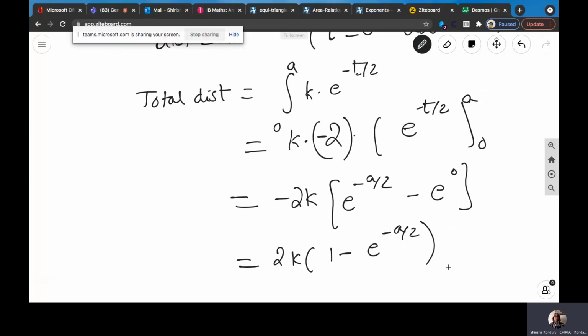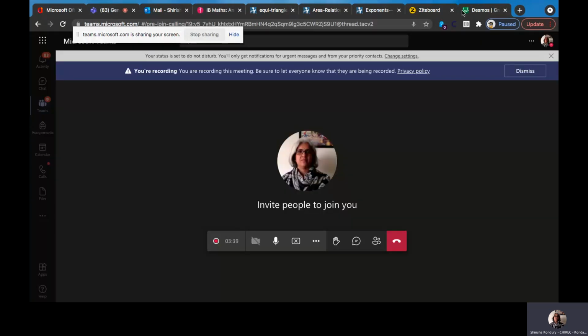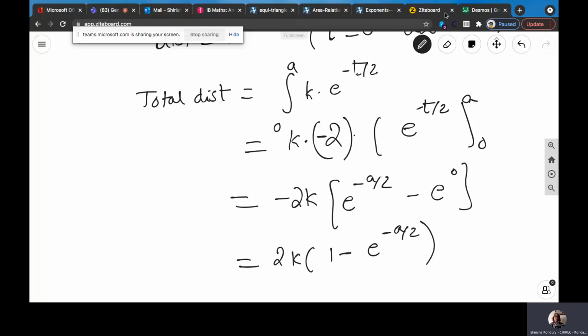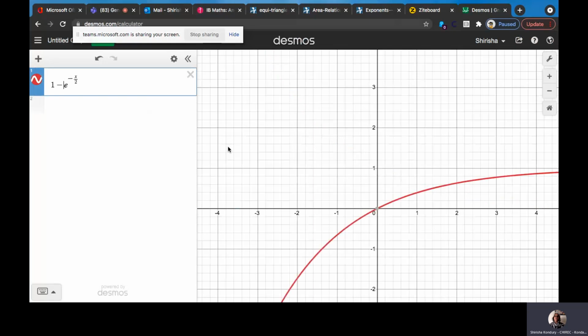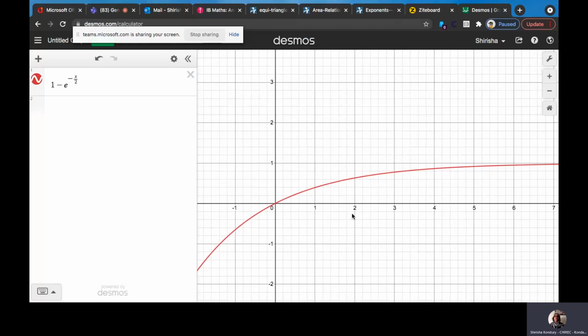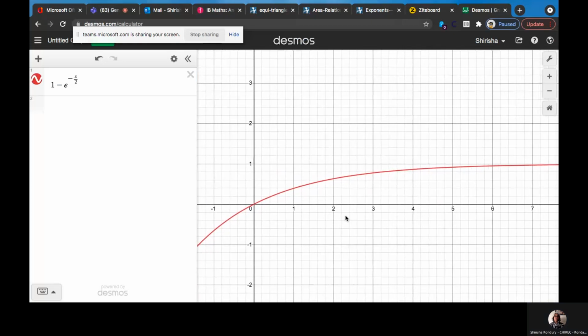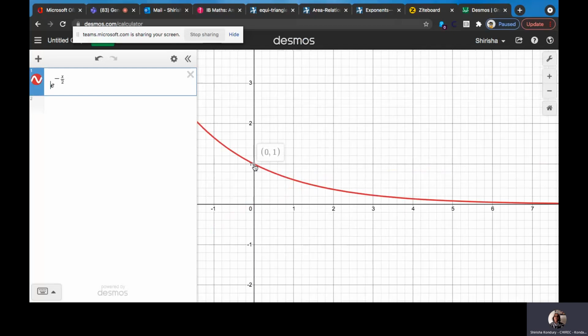Let's see how this 1 minus e raised to minus a by 2 looks. I'll graph this using the x value. Do you see this is what is happening? Now try to compare and understand. If I'm integrating, which means adding all the areas under this velocity graph, what will happen to the area?